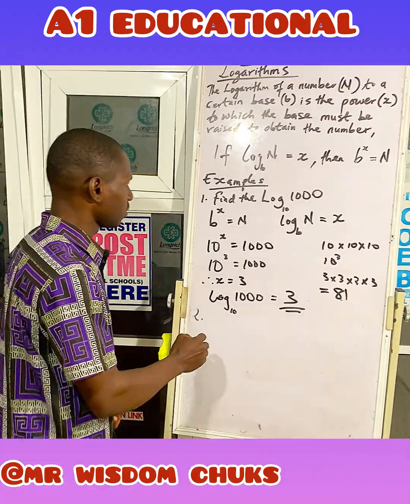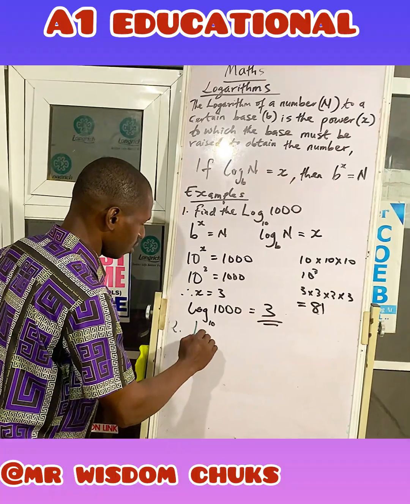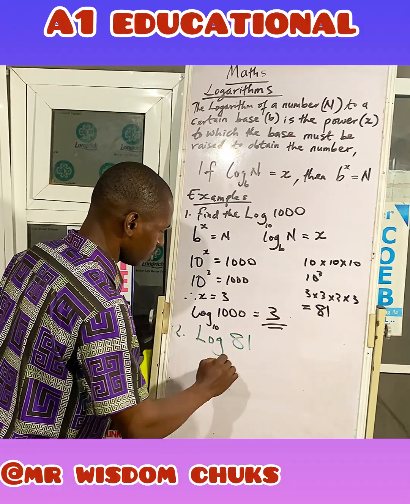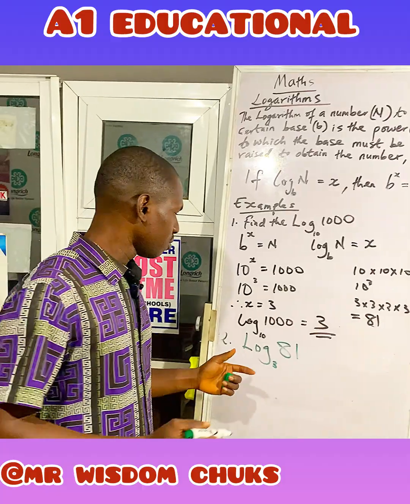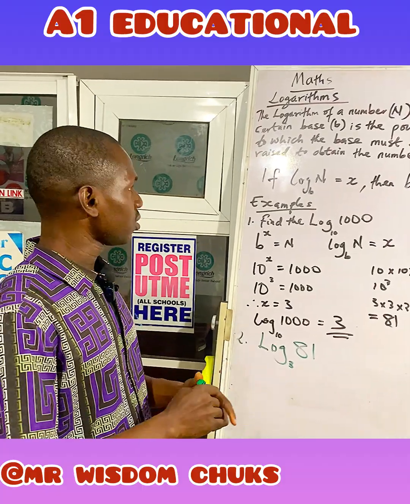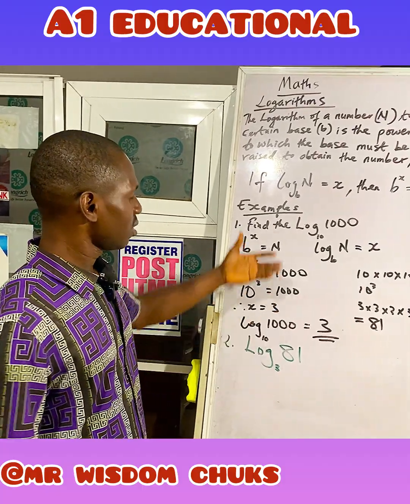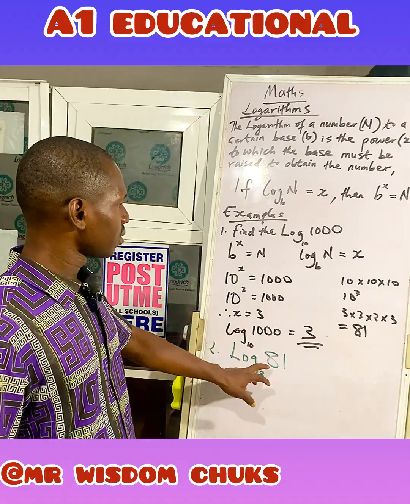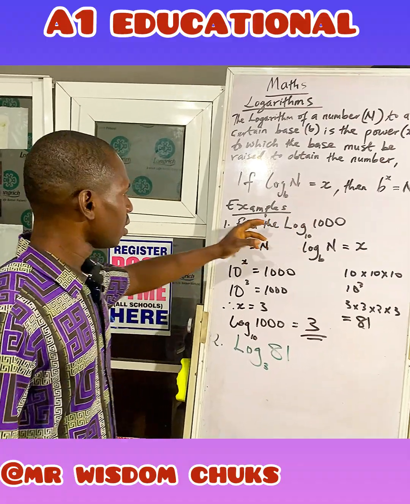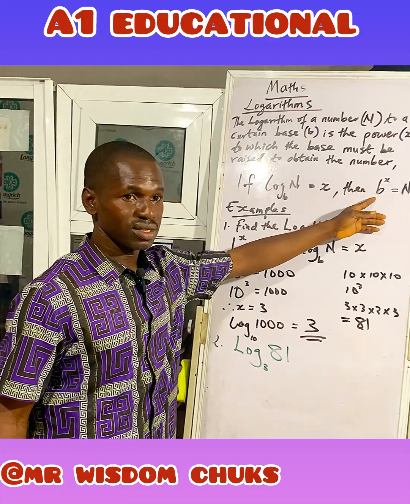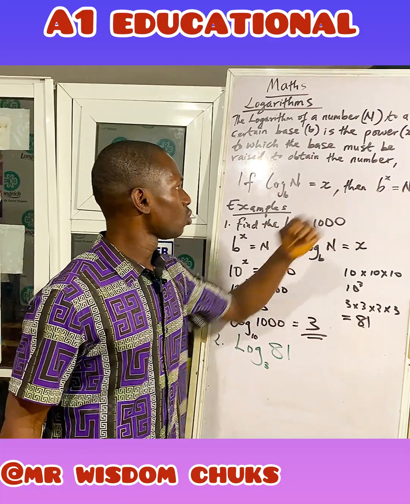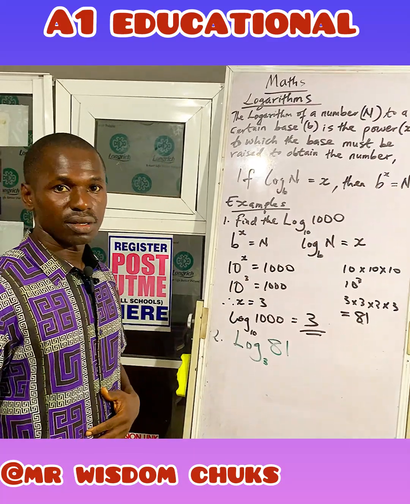Let's find the logarithm of 81 in base 3. Just as I said initially, the log of a number n is the power to which the base must be raised to obtain the number.